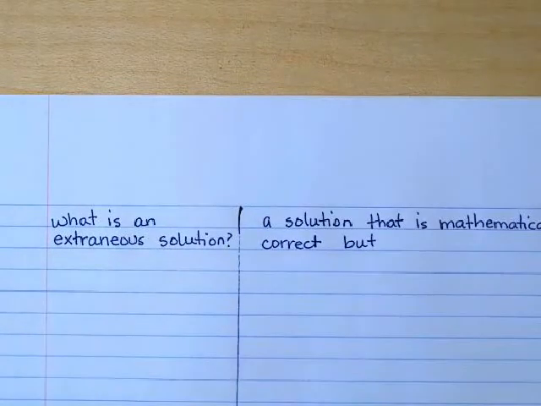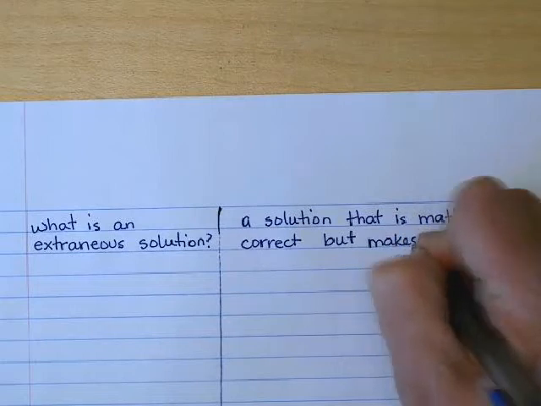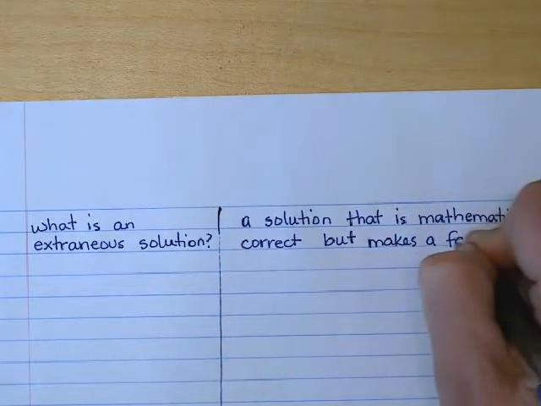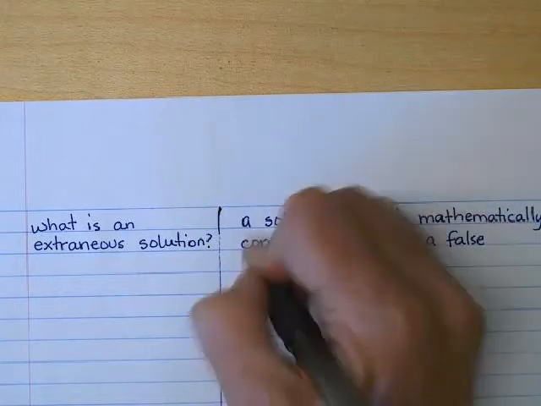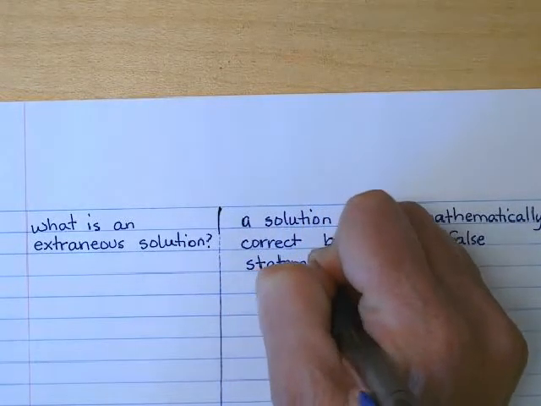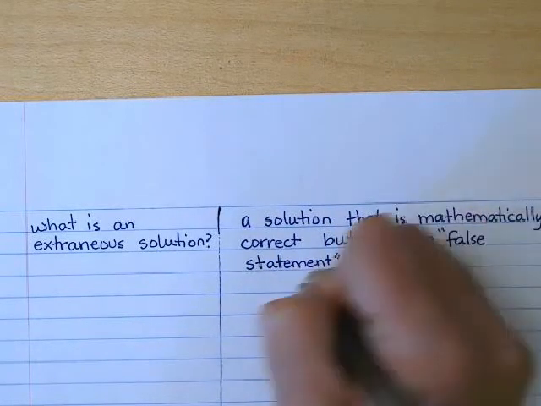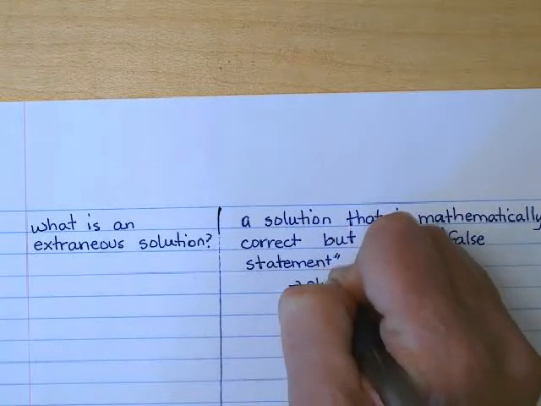But it makes a false statement. I'll give you an example of what I mean. And when I say a false statement, you want to think about you plug it back in.